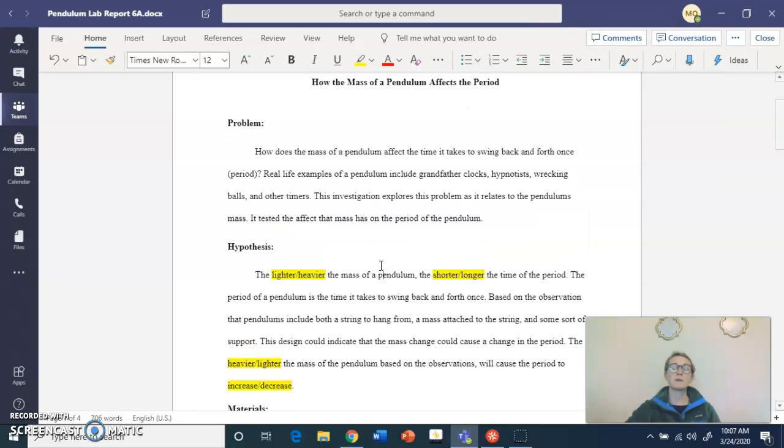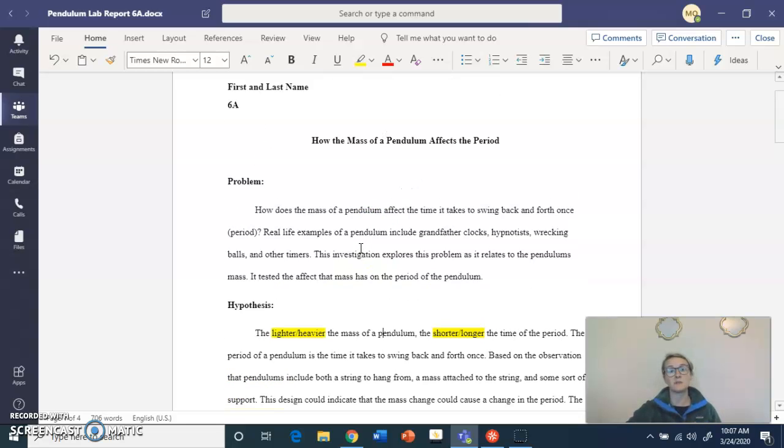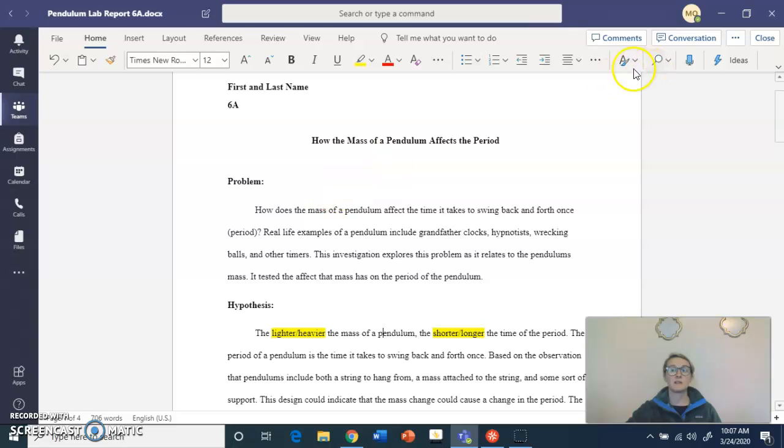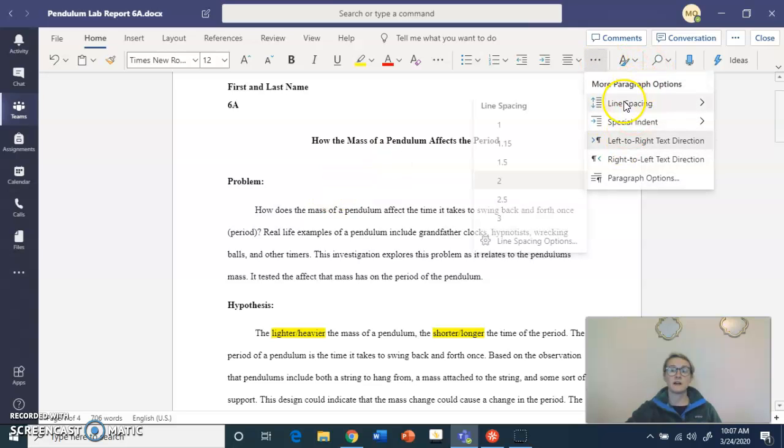Okay, the double spacing just makes it easier for me to read. And I've already gone in and looked at many of y'all's rough drafts, and very few of them are double spaced. So please make sure that it is Times New Roman 12-point font, okay, and has a line spacing of 2.